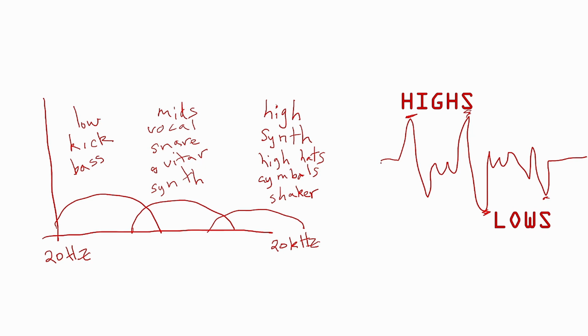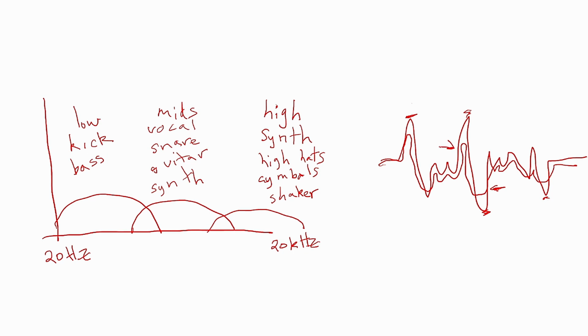So a compressed waveform, I'm going to draw it on top of itself, would look kind of like this. So as you can see, I've taken those low lows and they have come up. The middle has been less effective, and these high points are now lower down.